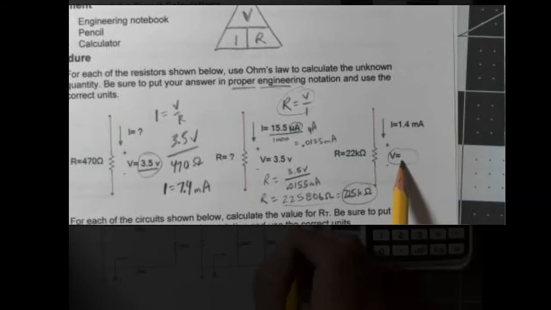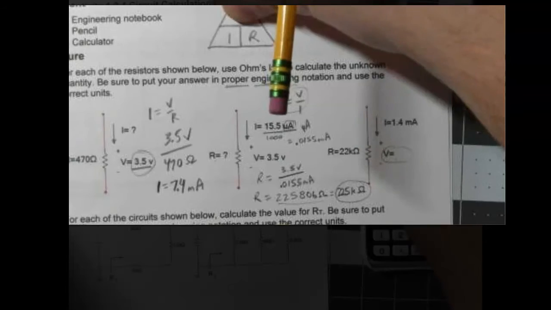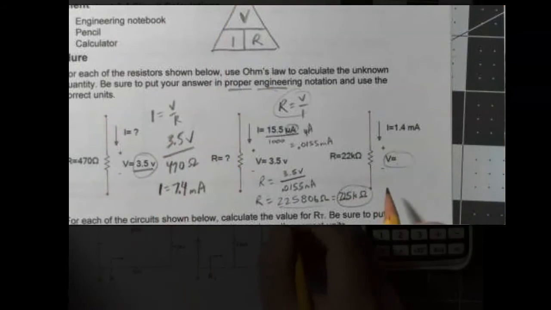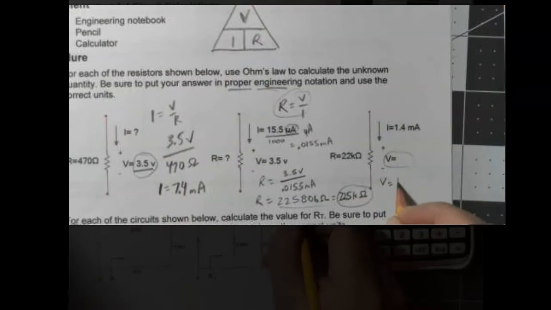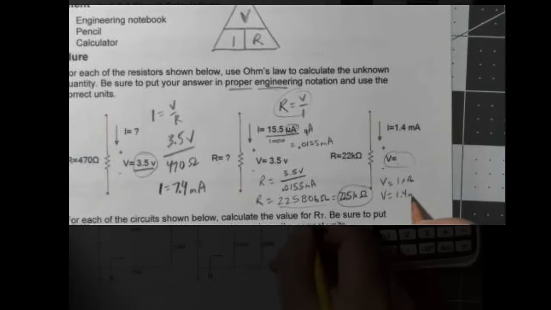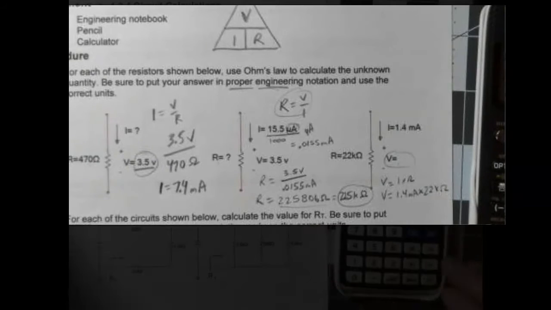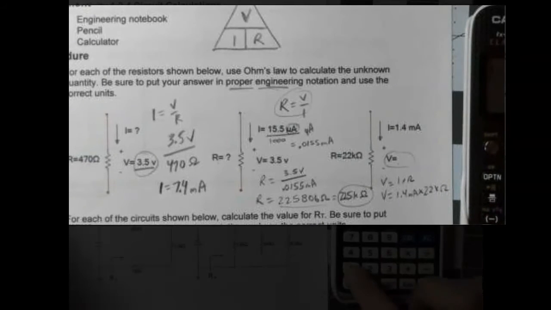Here we need to find voltage. So if we cover the V, that's I times R. So V is equal to I times R. V equals 1.4 milliamps multiplied by 22 k ohm. This one's a little more straightforward.